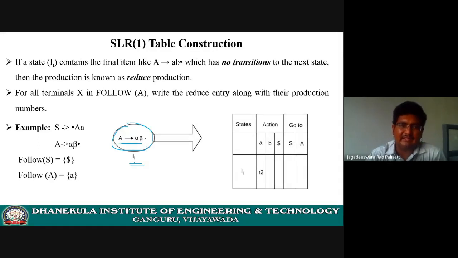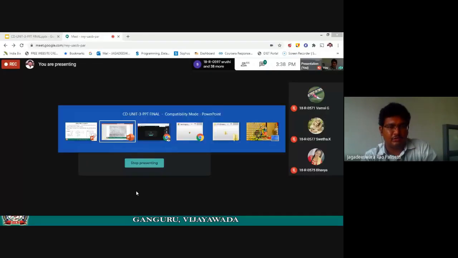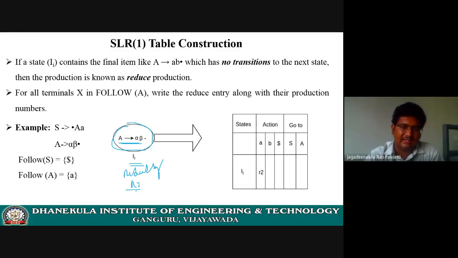At that time, obviously you write reduce by some production number. If this is the second production in our grammar, you write R2. So the question is where we are going to write this R2. That is the only thing you have to learn, that's it.